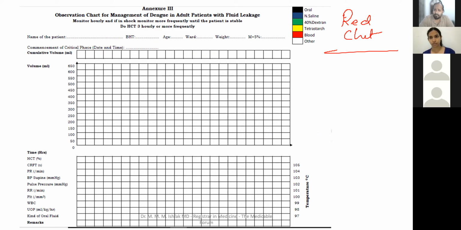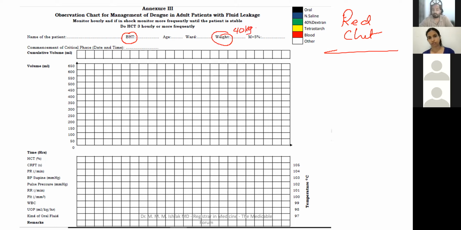Now, what are the important things you find in a red chart? Name is not important, right? The BHT number is important because they can have similar names, so to avoid confusion, the BHT number is important. Next, what is the most important thing? The weight, say 40 kgs.